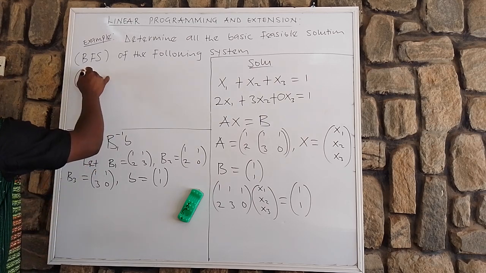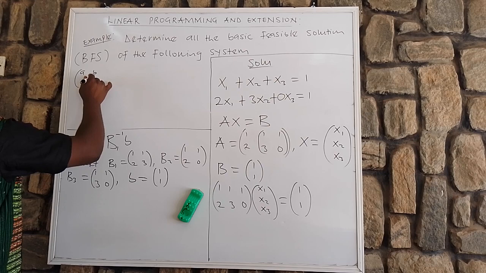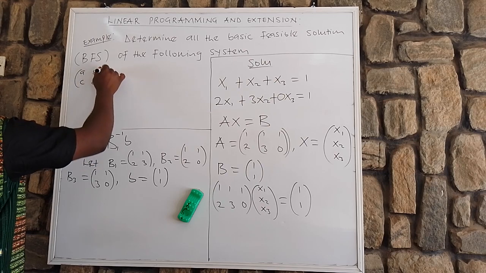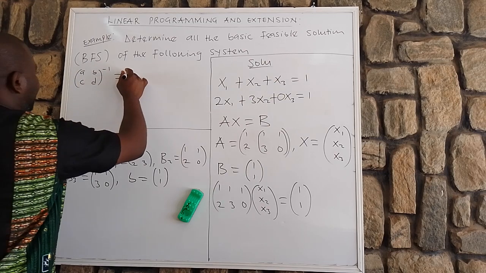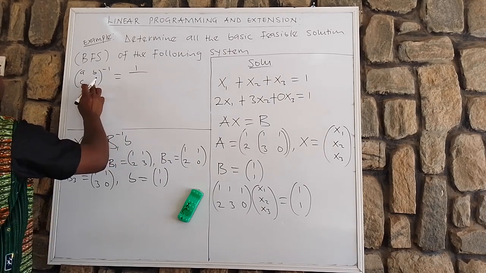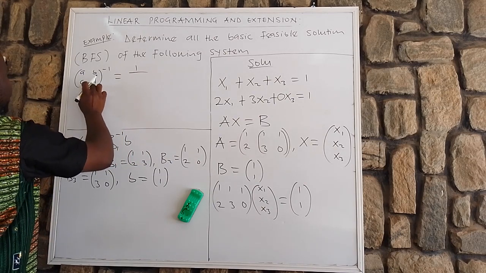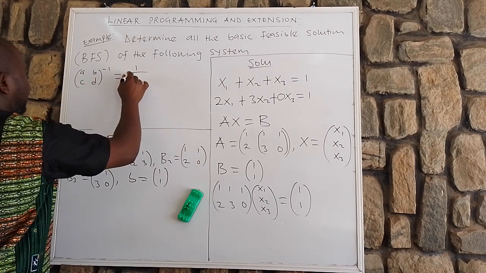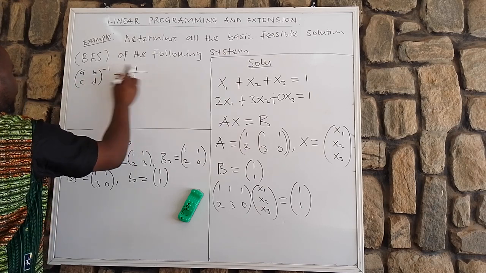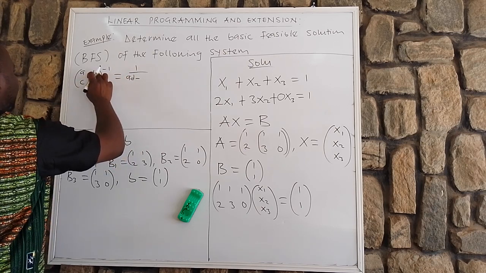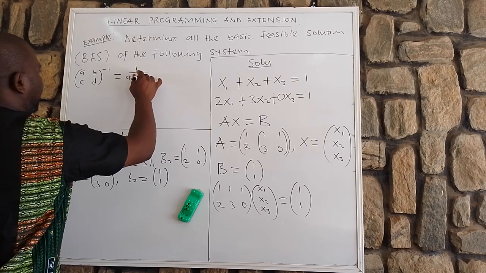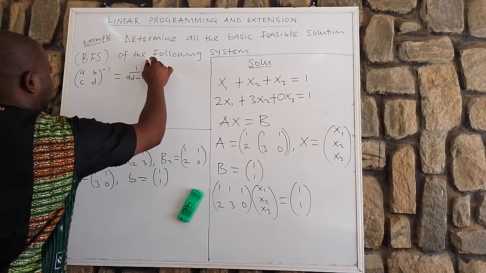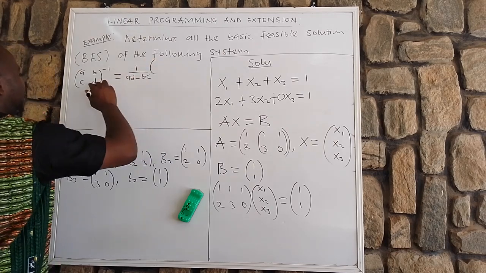If we have A, B, C, D, the inverse of this will now be equal to 1 all over either A times D or D times A, AD, then minus C times B, or B times C, that is BC, times the matrix.